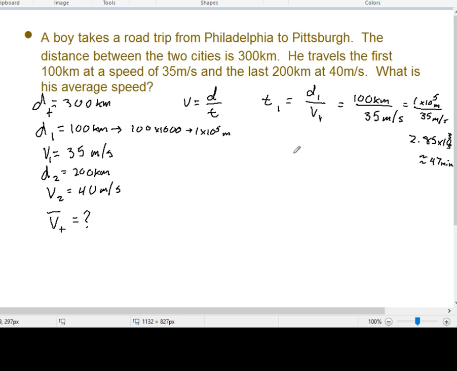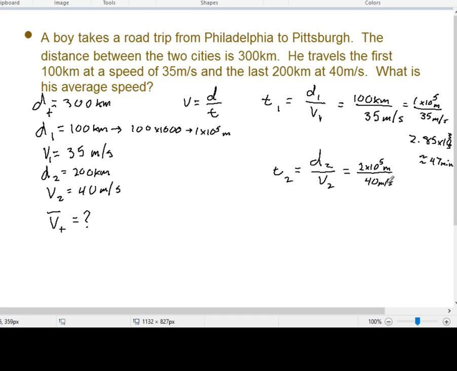Okay, so then we've got t2 is equal to d2 divided by v2. Now again, we've got to check on those units. This time it's going to be 2 times 10 to the 5th meters, because originally they told us 200 kilometers, and that's going to be divided by 40 meters per second.